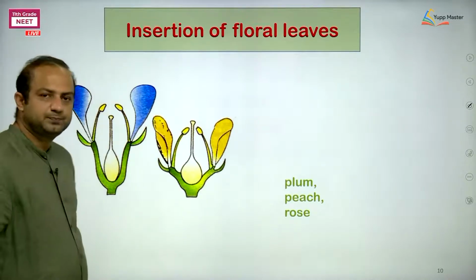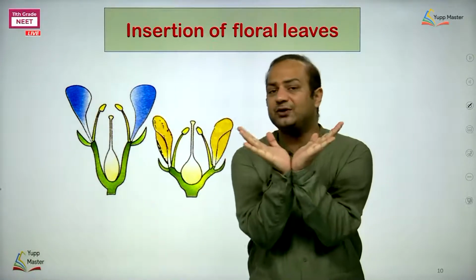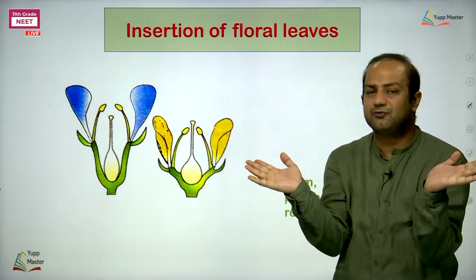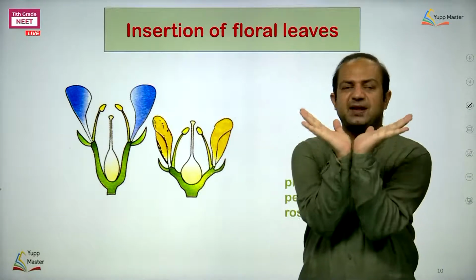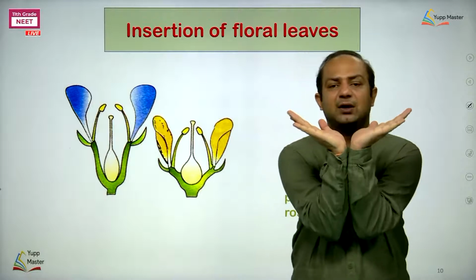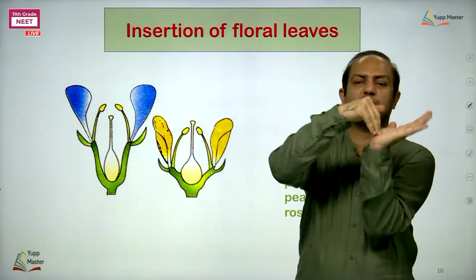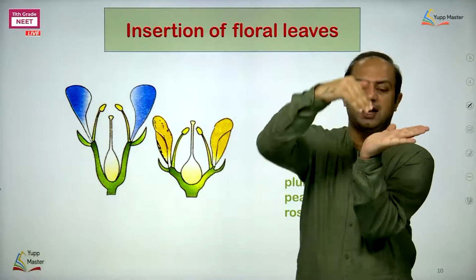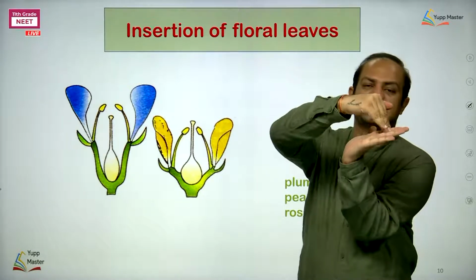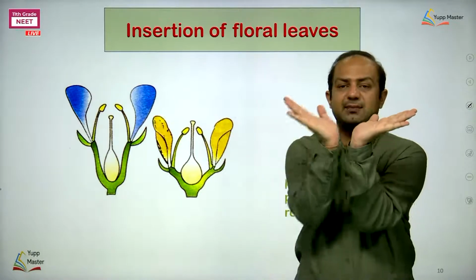This is the next one. Here the thalamus is rising upwards, but before that you need to watch it very carefully. It is like a plate-like structure, and the different floral parts are coming almost at the same level: the gynoecium, the androecium, the calyx, and the other parts all almost on the same level.